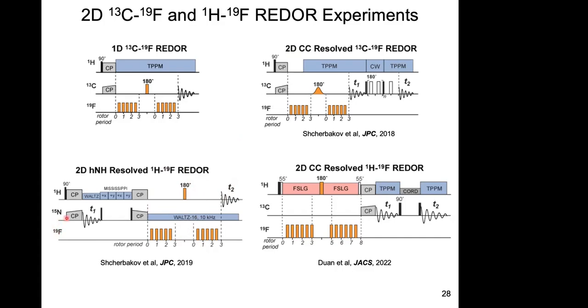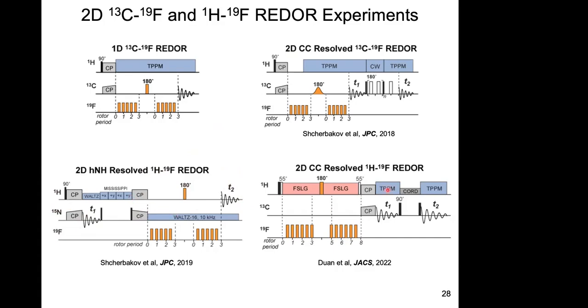So that's my typical solid-state version of nitrogen-proton HSQC. I can have CP to nitrogen evolve, and then CP back from nitrogen to proton. And once the magnetization is on the proton side, then I can start to do fluorine REDOR pulses. And then when I'm done, then I do proton detection. So it's a high-sensitivity proton-detected version of HF REDOR.